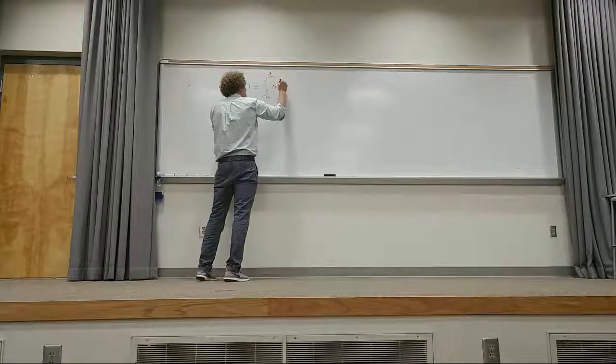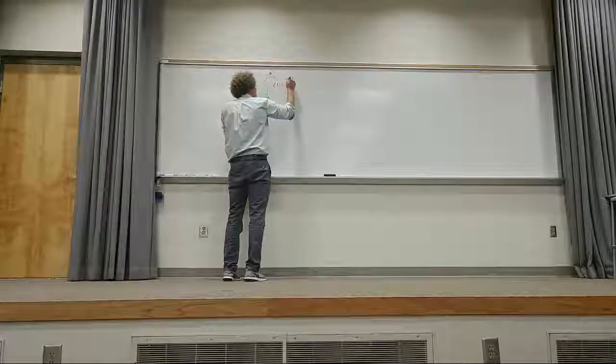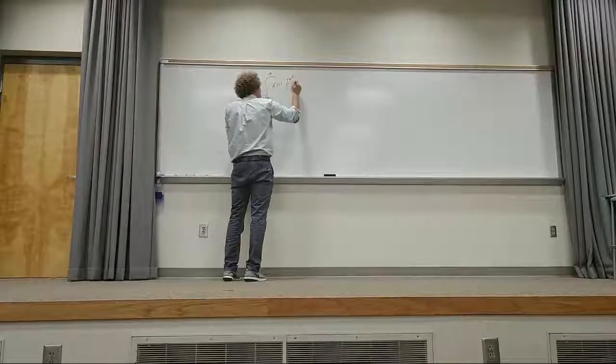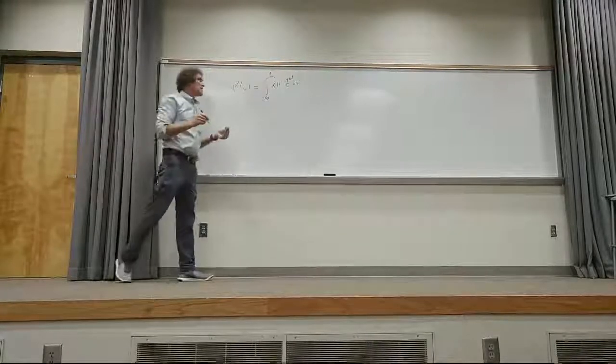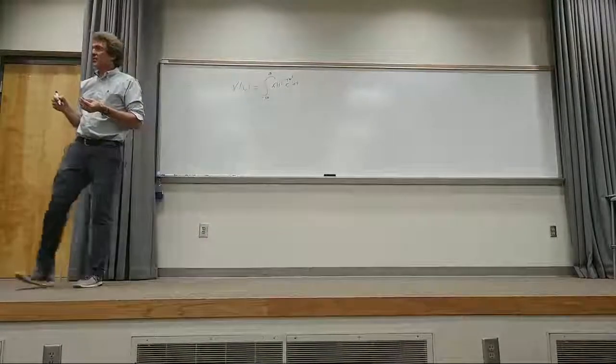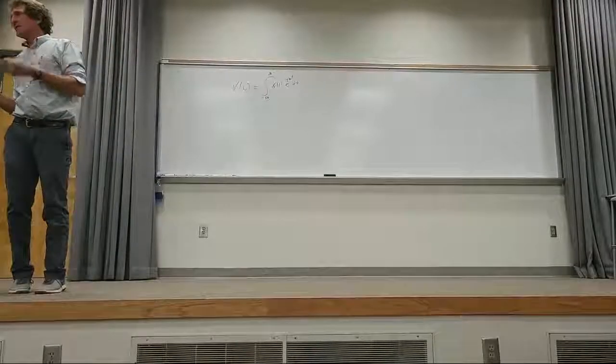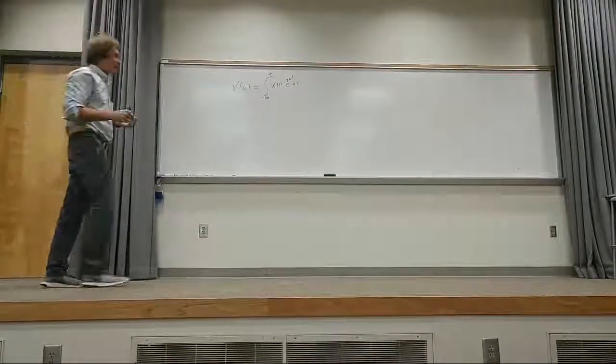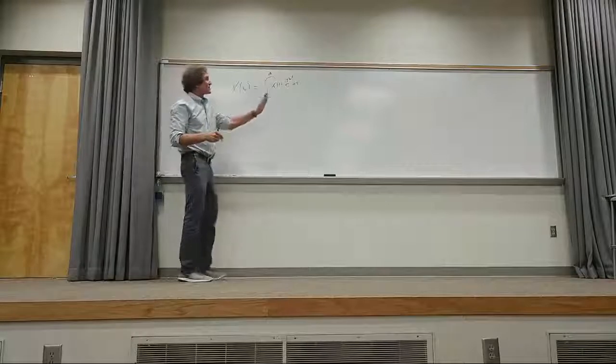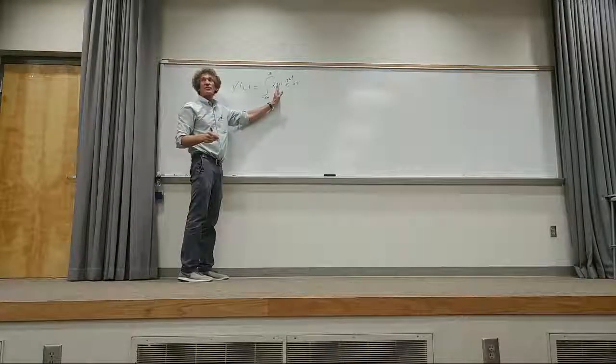x of t times e to the minus j omega t dt. That's the definition of the continuous time Fourier transform. Now the next thing I'm going to do is take that, and I'm going to break this right here into a sum.